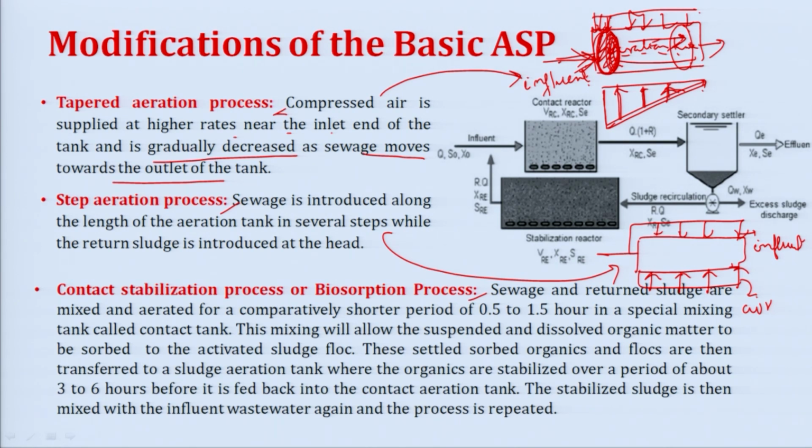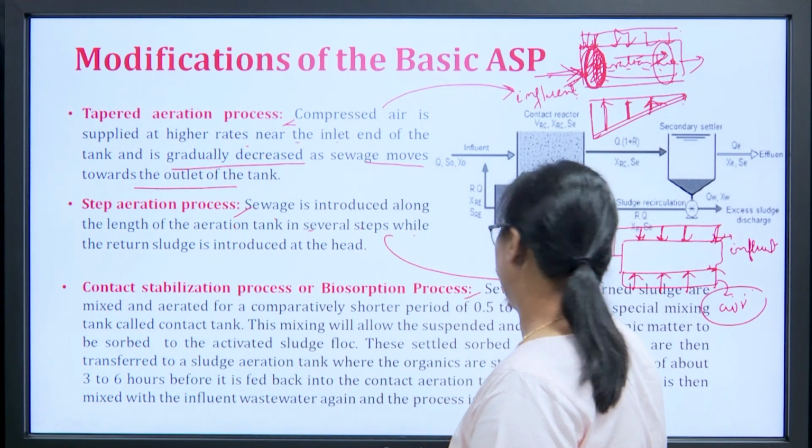Say for example, यहाँ आपने 25%, 25% इन्फ्लुएंट, फिर 25, फिर 25 और 25 डाल दिया, so that air consumption will be less. अगर भले ही आपने एयर सिमिलर डाल दिया हो, बट इन्फ्लुएंट थोड़ा थोड़ा बांट के डाल दिया, so what will happen, less amount of oxygen will be consumed, right. So in step aeration, sewage is introduced along the length of the aeration tank in several steps while the return sludge is introduced at the head. Okay.